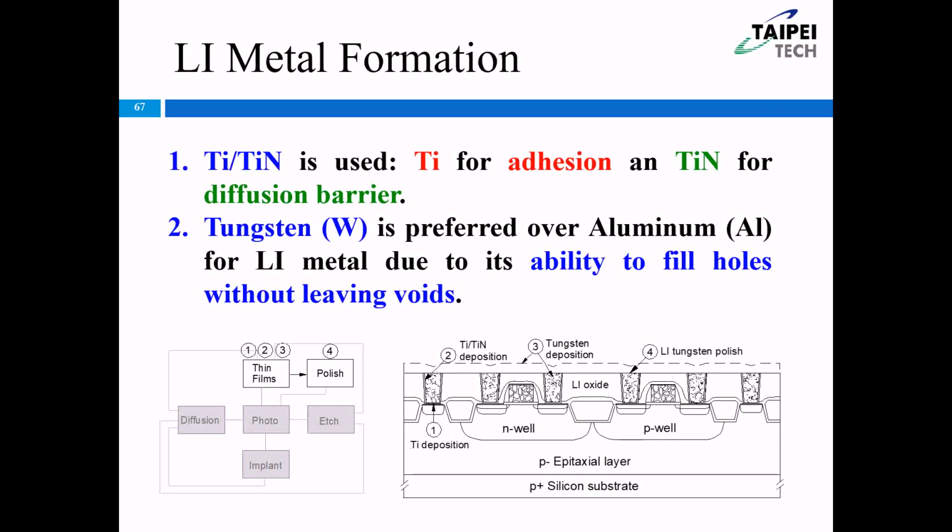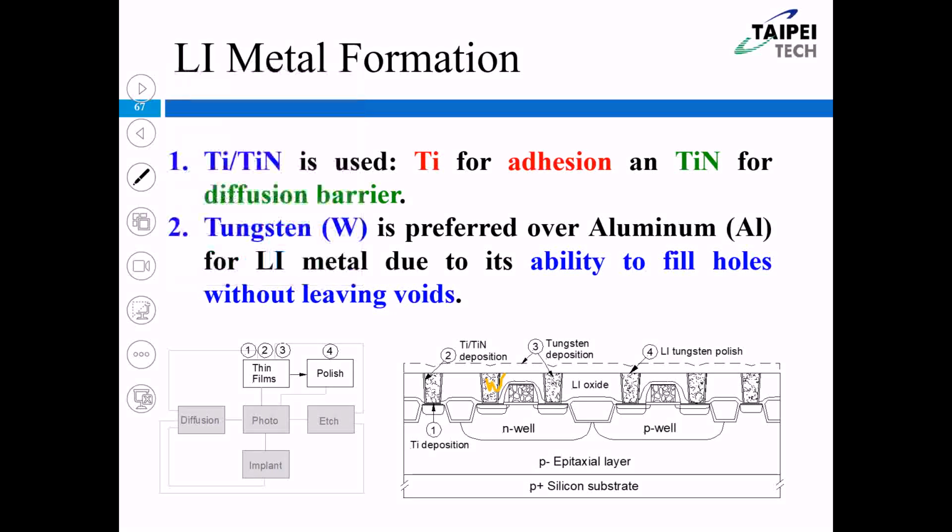I need to use tungsten because this is the via, or plug. This is the first metal we are talking about. I don't use copper, I use tungsten, because this is the first layer. So I need to put the tungsten here.